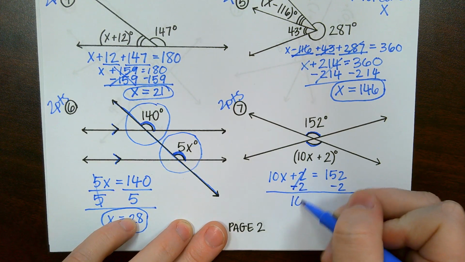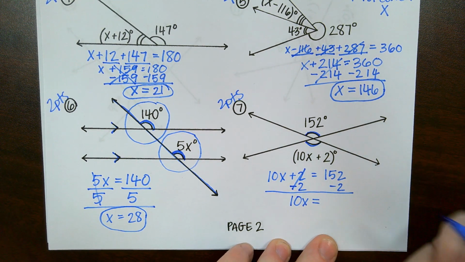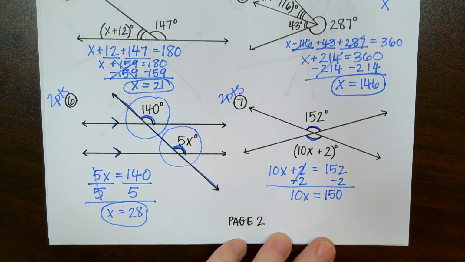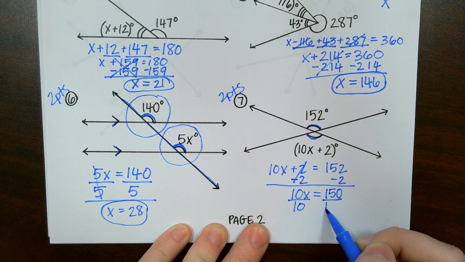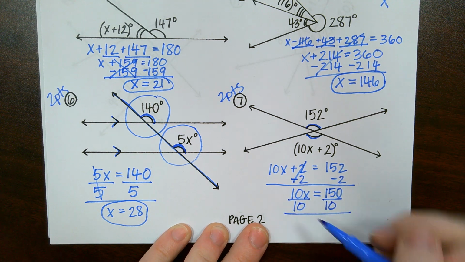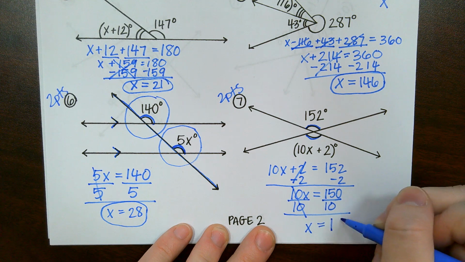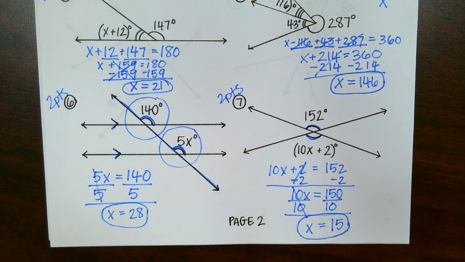That'll leave me with 10x over here is equal to 152 minus 2 is 150. Now I just need to divide by 10. And that will leave me with x equals 15. And that's our answer.